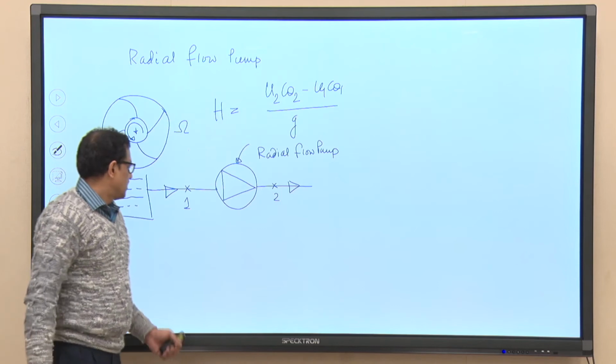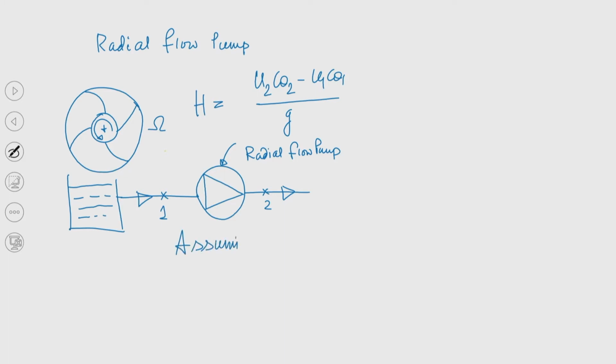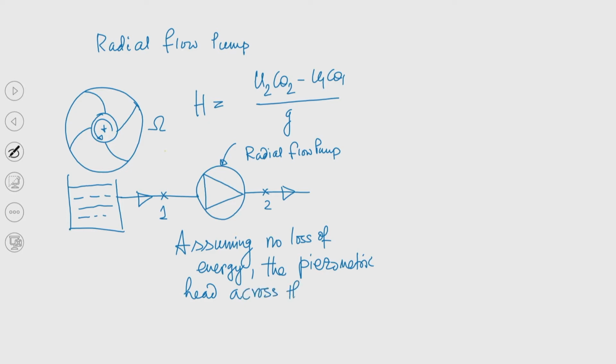We need to show that, assuming no loss of energy, the piezometric head across the pump can be written as P2 minus P1 divided by gamma plus Z2 minus Z1, that is what?